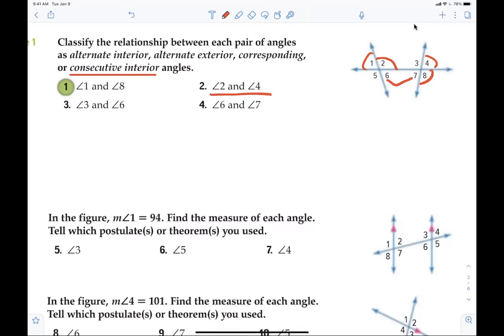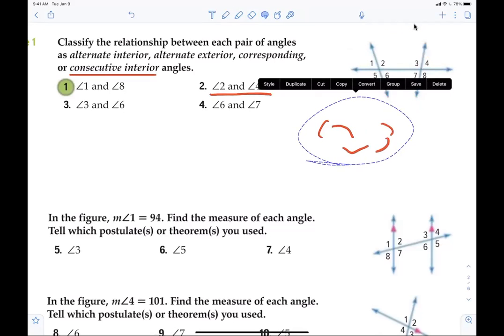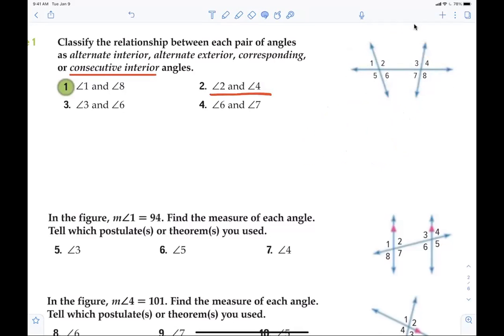Wait, what was 2 and 4? 2 and 4 are corresponding angles. They're on the top and to the right. You can have top left, you can have bottom left, you can have bottom right. Those are the corresponding. Just to make sure, 1 corresponds to what? 3. 2 corresponds to 4, 6 corresponds to 8, and 5 corresponds to 7.